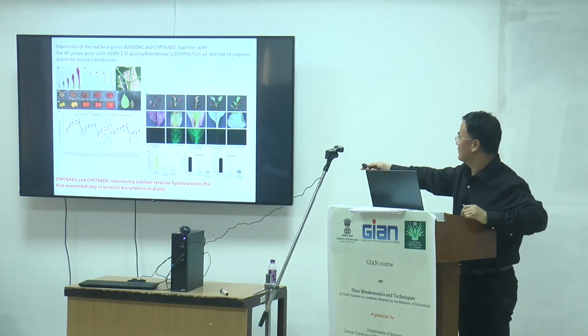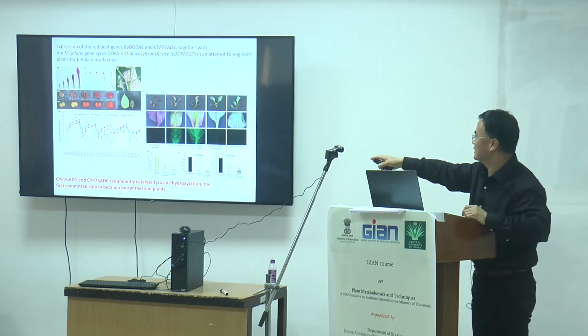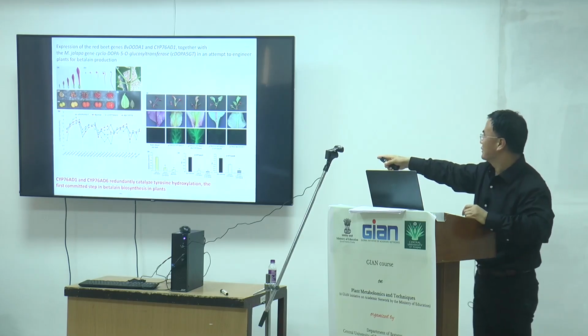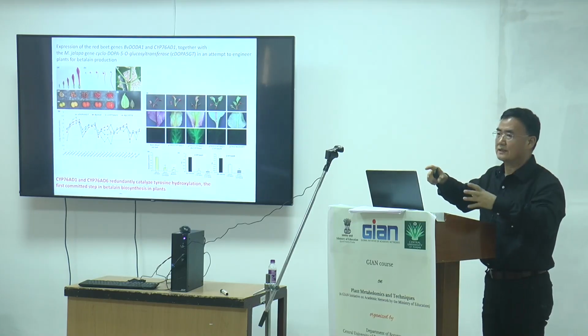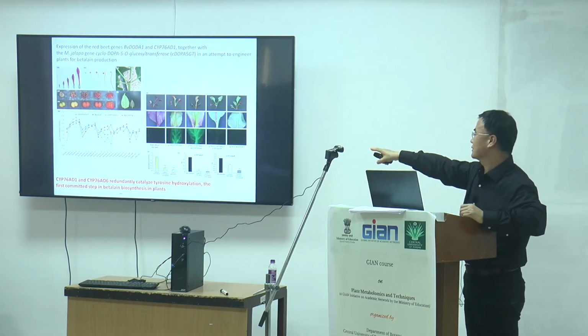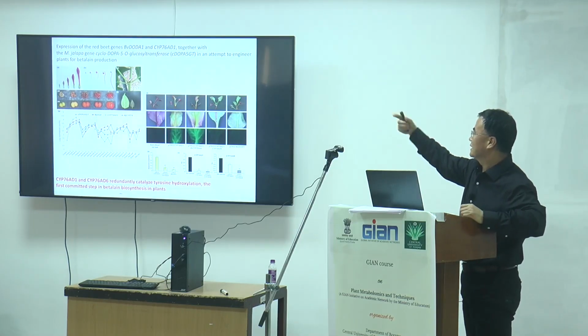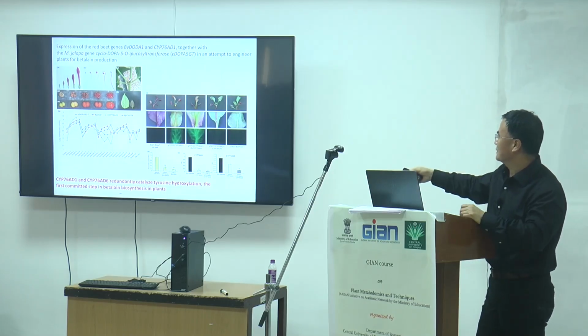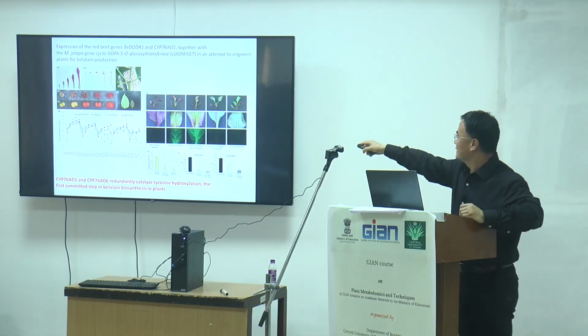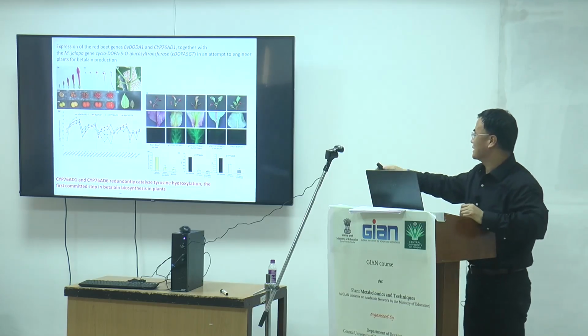For the virus-induced gene silencing, pTRV2 is the virus-induced gene silencing vector. When you put in constructs to downregulate and repress those enzymes, you will see no or less betalain accumulation.